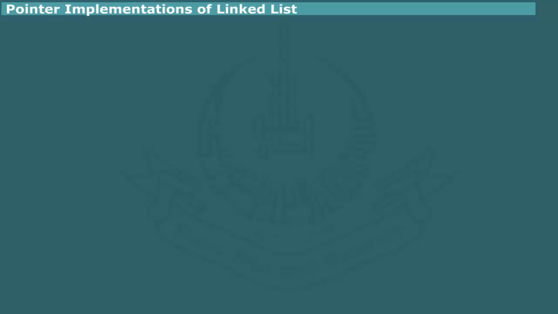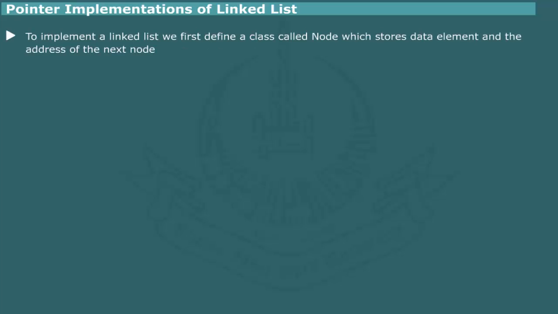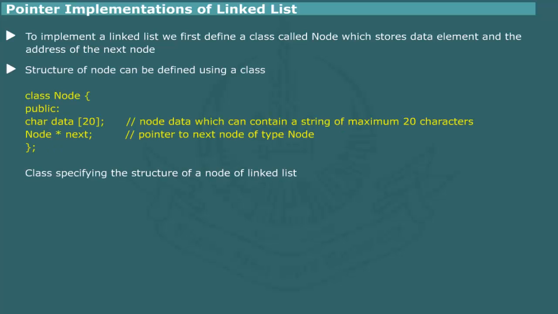Pointer implementations of linked list. In pointer implementation, we define an object called node, which stores the data elements and the physical address of the next element. In C++, the structure of a node can be defined using a class.